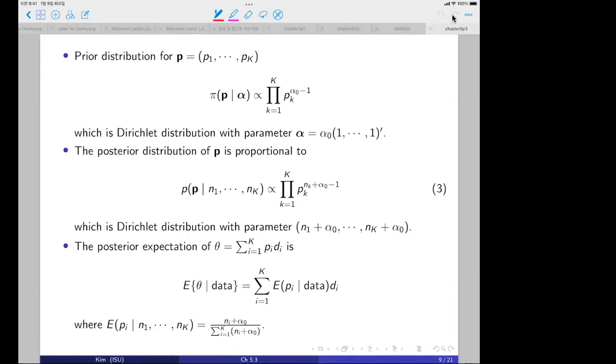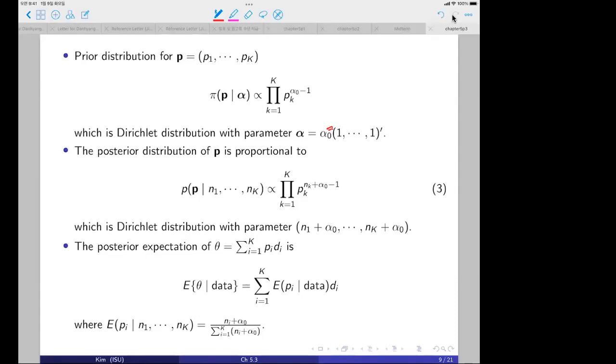And then let alpha all equal 1. If you let alpha all equal 1, that is actually uniform, right? So your prior is uniform, non-informative, but you can still do the posterior.